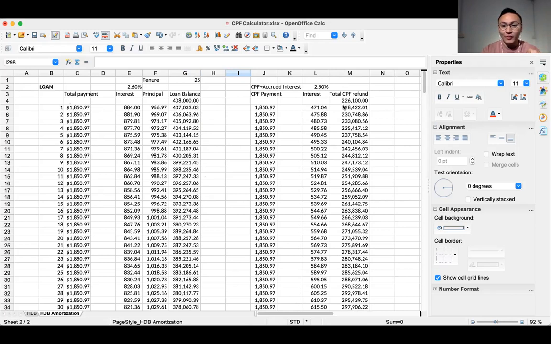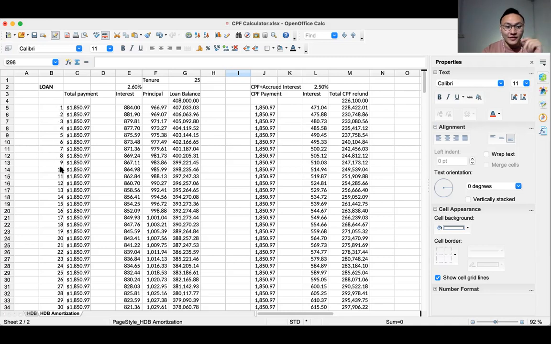The other portion: when we first collect the key, we will dump in 226K of CPF. As time passes, the CPF accrued interest will increase. So how did I get the figure just now? This is the period, the month: first month, second month, third month.